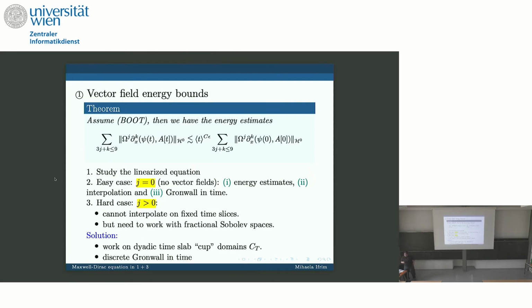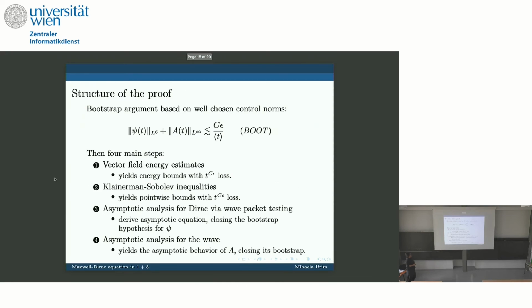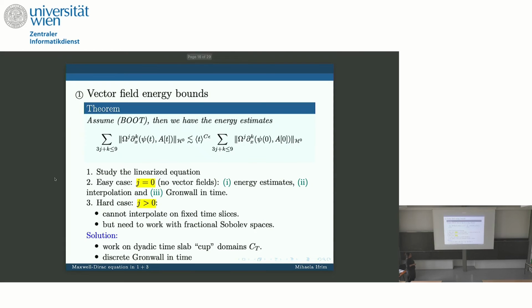Okay, so now let me tell you a little bit about the vector fields bound. So we are going to assume the bootstrap assumption you just saw. So we are assuming smallness in L6 and L infinity of this kind. So it's C epsilon over t. And now once we assume this smallness, we claim that we have the following energy estimates. Here, I'm not proving just energy estimates for the solutions.